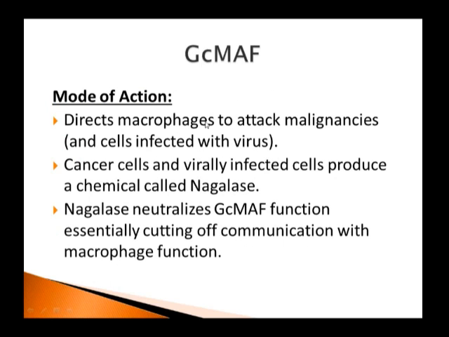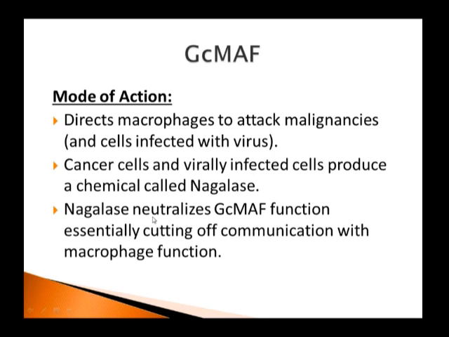What is GCMAF doing in the body? And remember, this is a natural substance, okay? It's directing these cells called macrophages, and macrophages are designed to attack stuff. So it's directing macrophages to attack malignancies, cancer cells, or cells that have been infected with virus. It turns out that cancer cells and virus-infected cells, and it's turning out that there are other pathogens too that can do this, what they're doing is they're producing a chemical called nagalase.